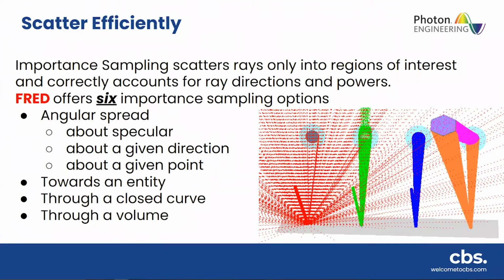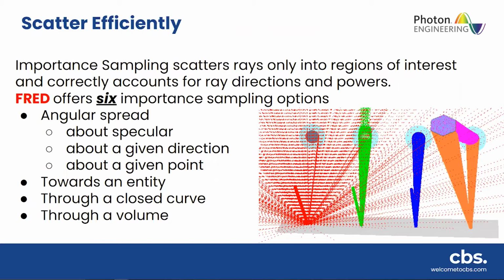In addition to being able to model different types of scatter, Fred is also exceptionally good at efficiently modeling scatter. Importance sampling is used in Fred to make sure that the rays that are scattered go towards regions of interest. Fred offers 6 different ways of doing this. In other software, you might only see one.